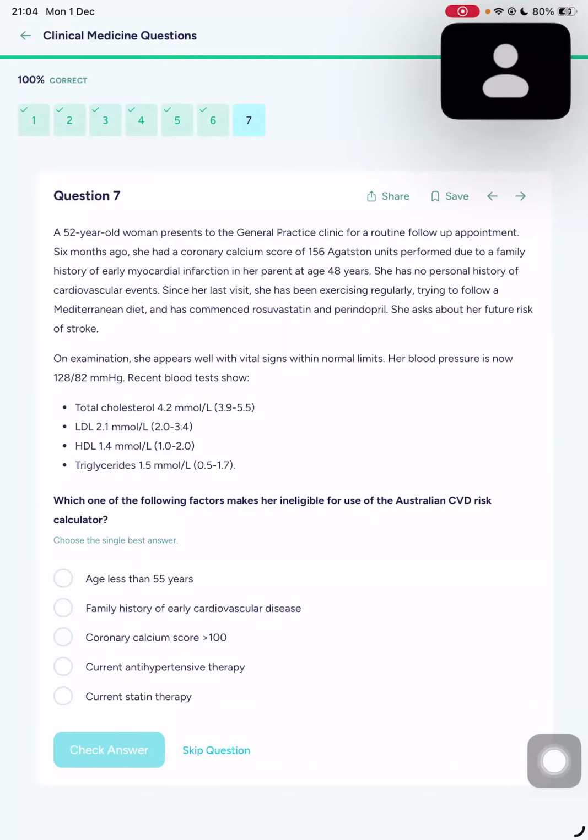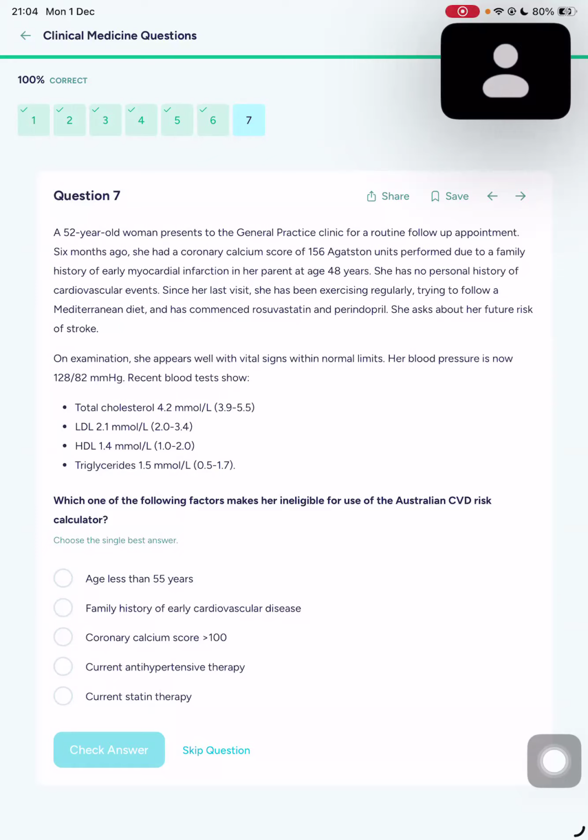On examination, she appears well with vital signs within normal limits. Her blood pressure is now 128 by 82. Recent blood tests show total cholesterol 4.2, LDL 2.1, HDL 1.4, triglyceride 1.5.